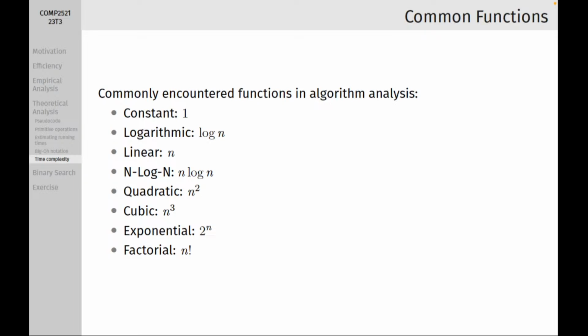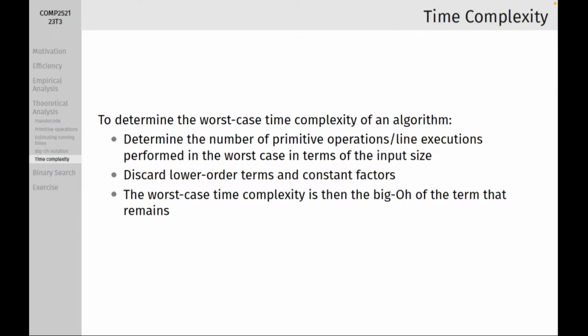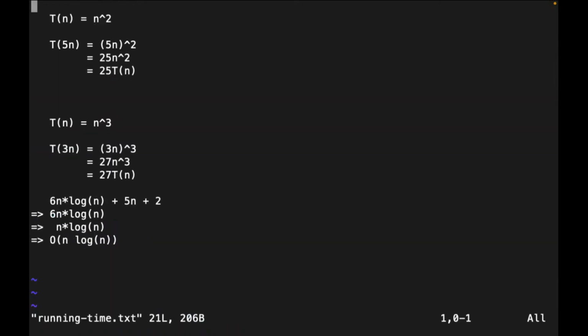Yes, question? So back there when you had 6n log n plus a bunch of other things, would you use big O to say that the time complexity would therefore be 7n log n?